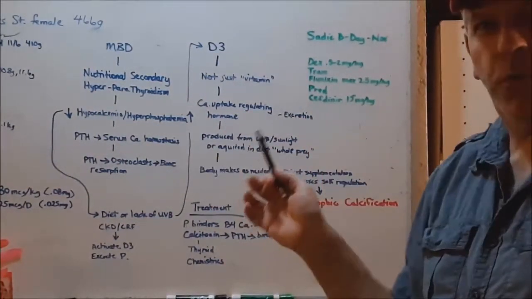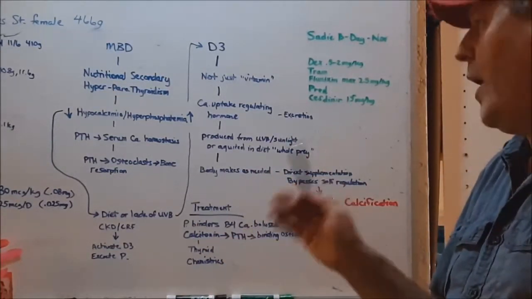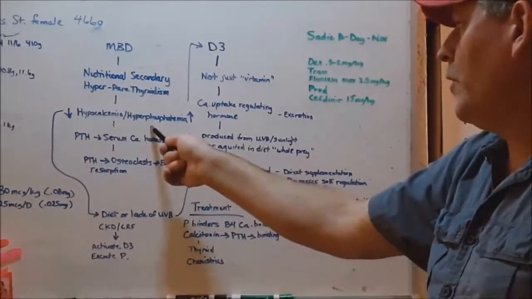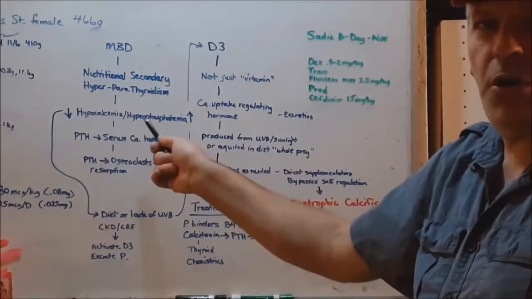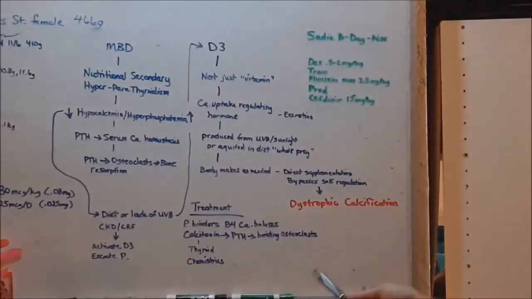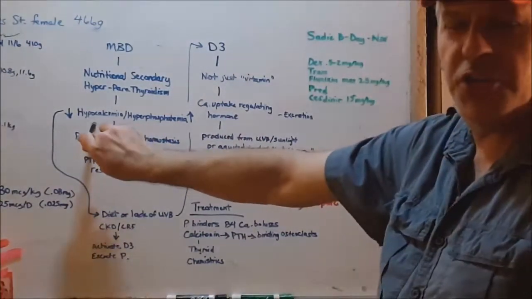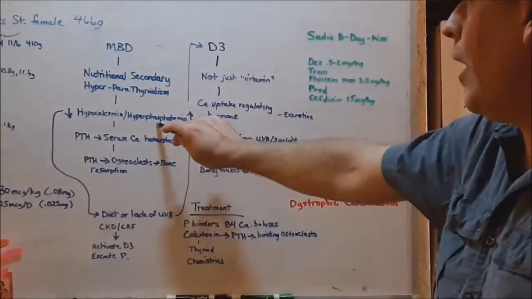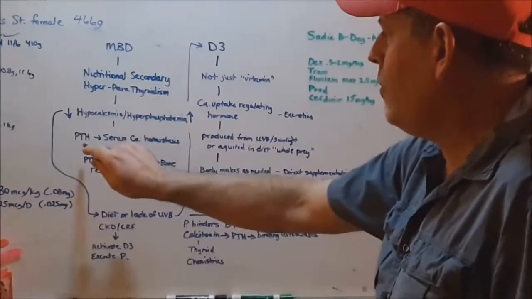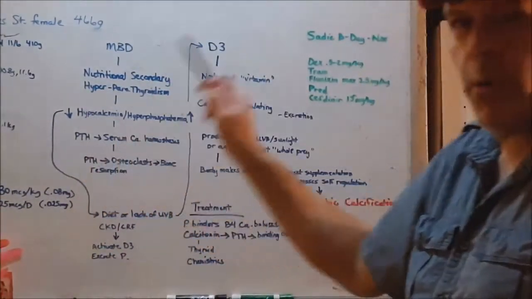If you're familiar with reptile nutrition, you've probably heard or read somewhere that you ideally want your calcium intake to be higher than your phosphorus, usually a 2-to-1 ratio, and that's to prevent this sort of thing from happening. Whenever the parathyroid gland senses that you've got a low serum calcium condition or hyperphosphatemia, high phosphorus, the parathyroid gland releases a hormone called PTH, parathyroid hormone.